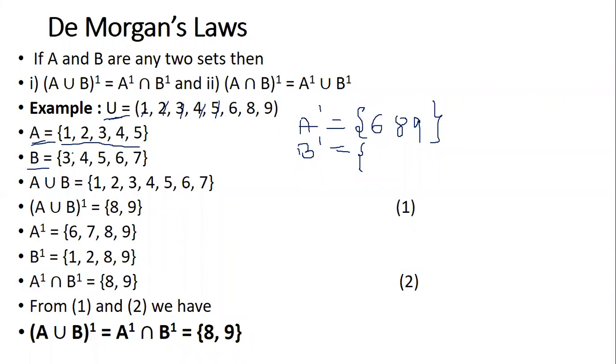If we see here, we don't have 1, so I'll write down 1. 2 is not there. 3 is common. 4 is common. 5, 6 are common. 7 is not there.